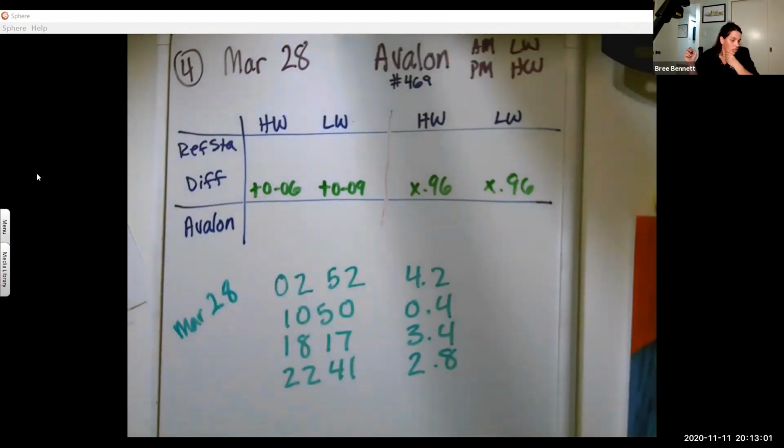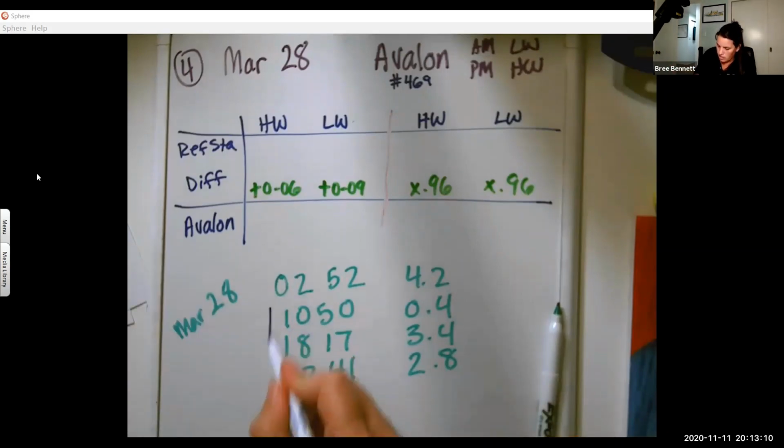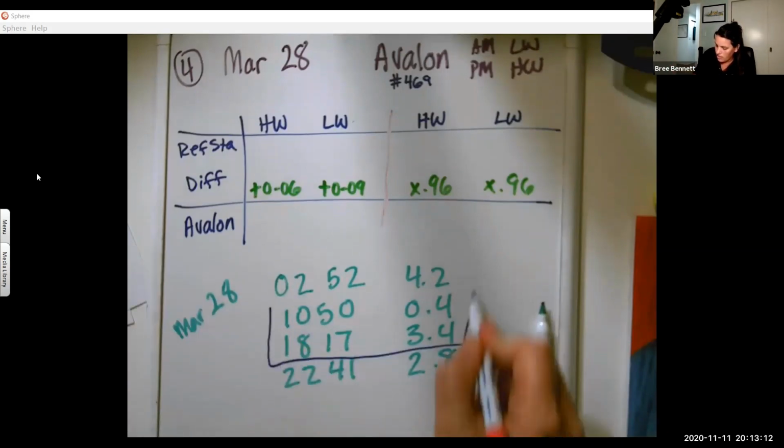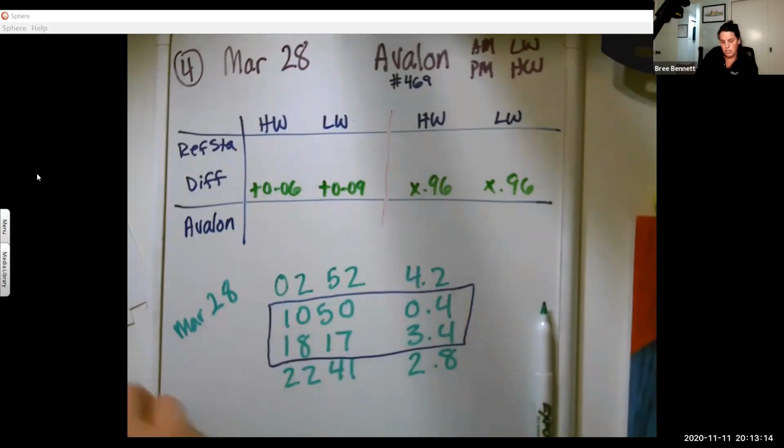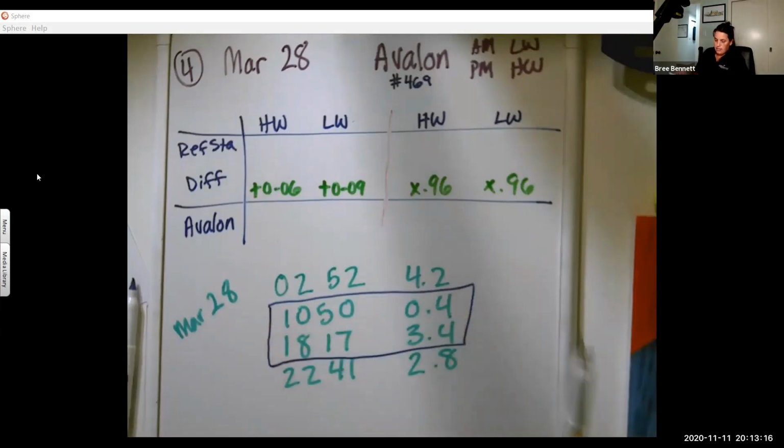Okay, so they wanted to know my AM low water and my PM high water. So they want these guys. I'm going to be there in the middle of the day, it looks like. So I want to know what the tides are for that middle of the day range, right? That rise or fall right at the middle of the day there.